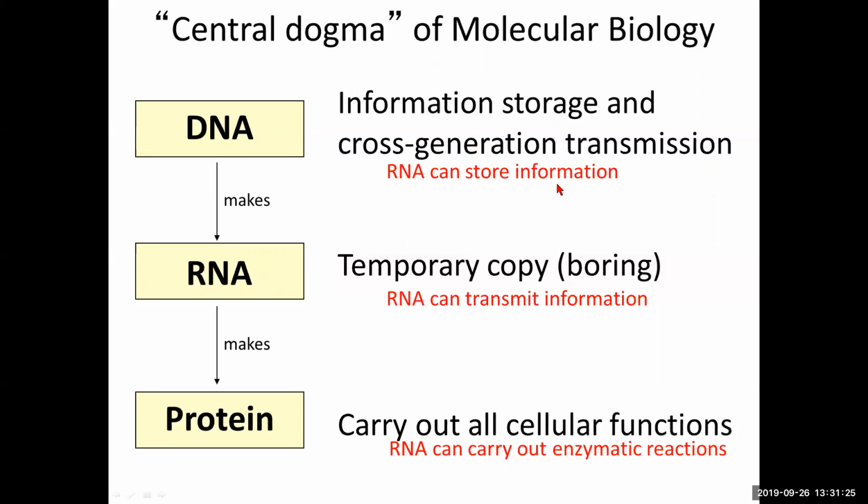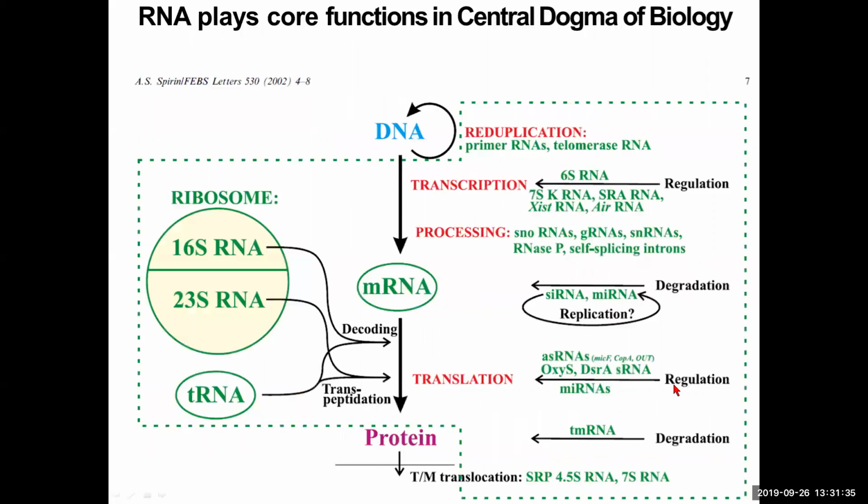But it turns out that RNA can also store genetic information in the same binary form. RNA can also transmit information, and RNA can also carry out enzymatic reactions. So RNA is involved in almost every process at the core of a cell. I mentioned messenger RNA. I mentioned the ribosome with ribosomal RNA. I mentioned tRNA, transfer RNA, that basically transfers information between RNA domain and protein domain.